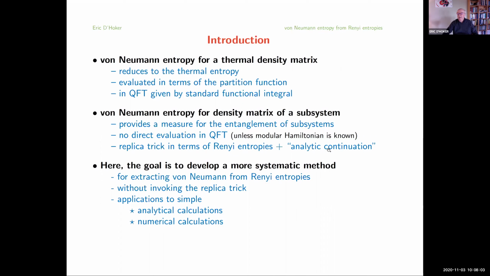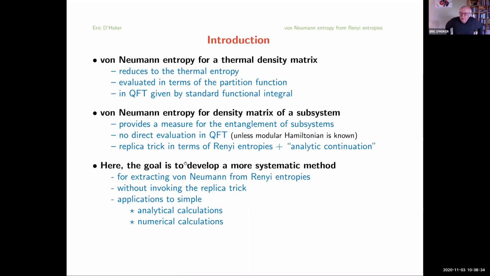And then the trick is to analytically continue from these integers to a real value and then evaluate the von Neumann entropy by differentiating there. So this goes under the name of the replica trick. It's very well established in condensed matter physics. But it is also known that it sometimes gives the right answer and sometimes doesn't.